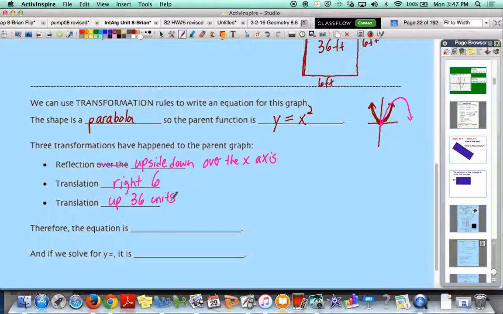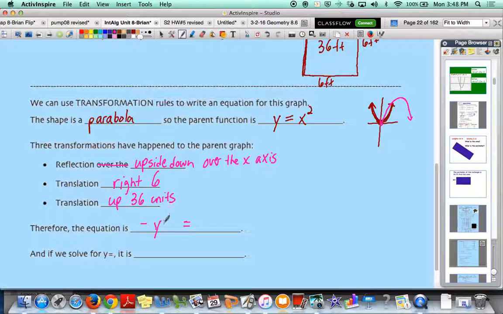So let's see if we can think about how that works. Remember, for a reflection upside down, that means that we put a negative with the y. Whenever you reflect upside down, we have something happening along the y-axis, so we put a negative with the y. And then we translated right 6 and up 36. Do you recall, if we translate up 36 units, that's also something to do with the y-axis.